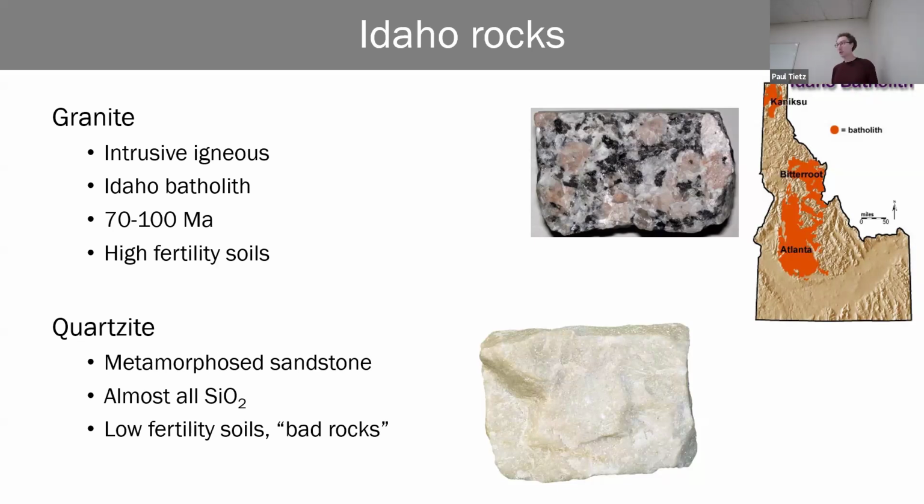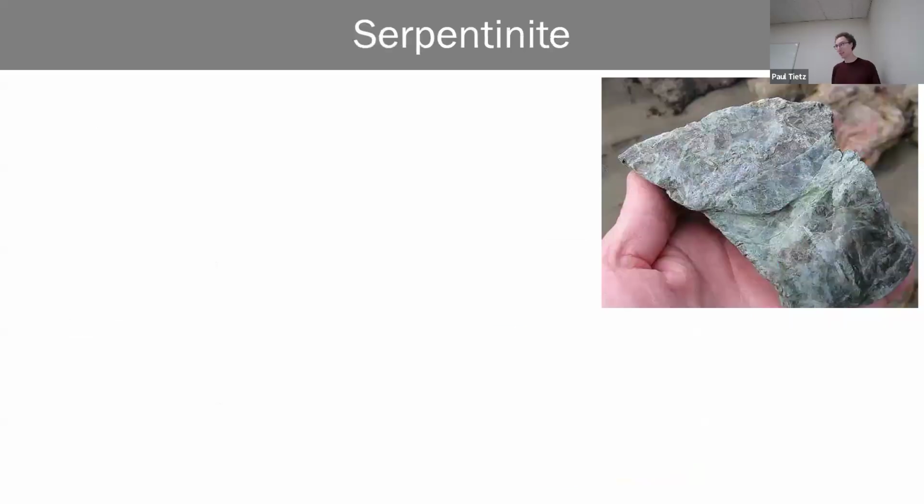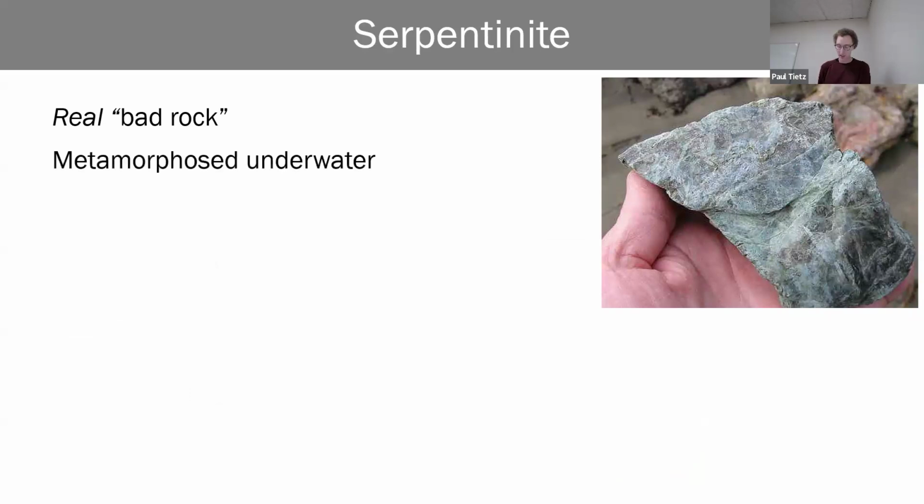A rock that I would agree on, if we want to talk about a rock that's really bad for plant growth, we could talk about serpentinite. Serpentinite's a real bad rock. This one's special. It's another metamorphic rock that specifically metamorphosed underwater. So some kind of sedimentary rock, probably in oceans, because we need water involved in the structure of this mineral.